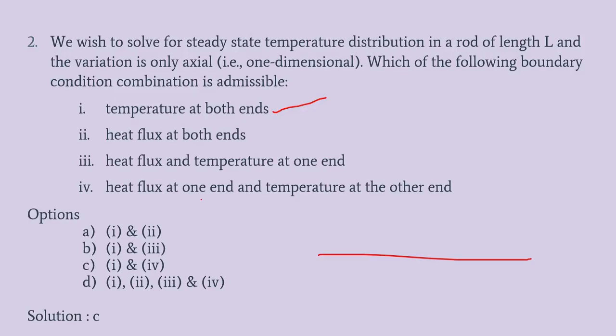So the admissible variation or the boundary condition. Boundary condition is from where we are taking the initial parameters or the boundary values for the parameter actually.